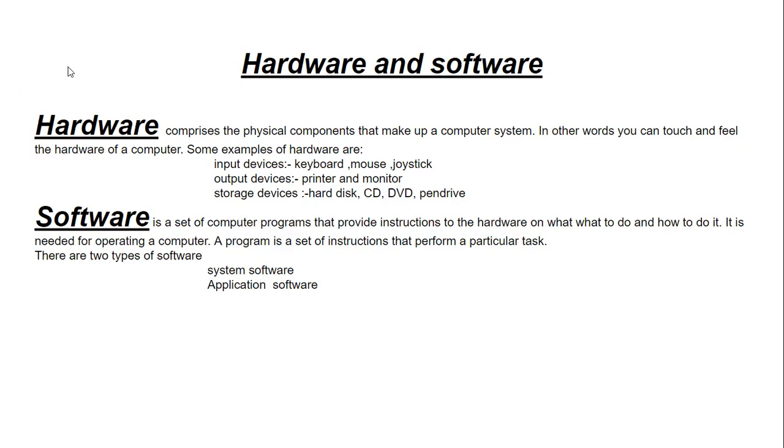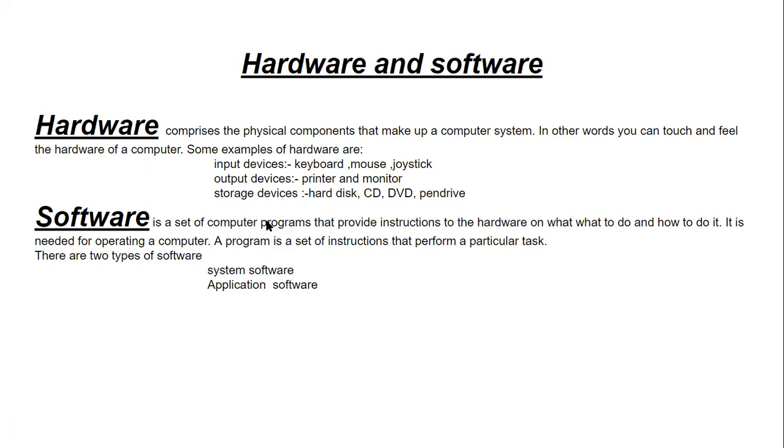The computer which I'm using to make all of this and present it and record it is the hardware. But the recording and whatever is here as text is the software.